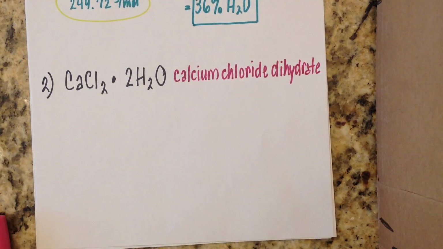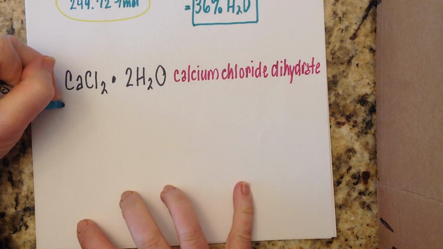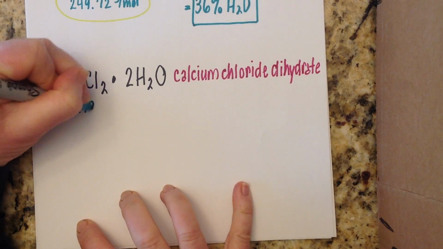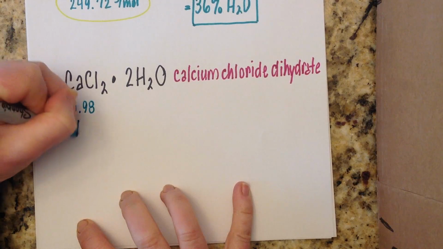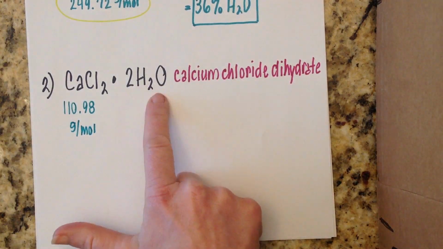Chlorine has a mass of 35.45. I'm going to multiply that by 2, because there are 2 of those, plus 1 calcium, which is 40.08. And that gives me a total mass of 110.98 grams per mole. Now I'm going to find the mass of 2 waters.